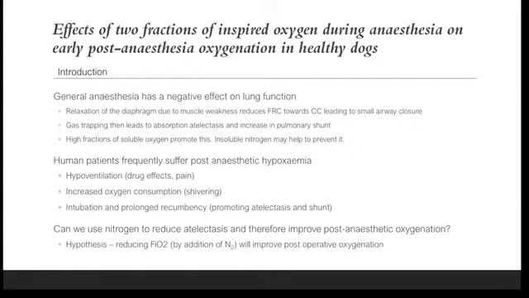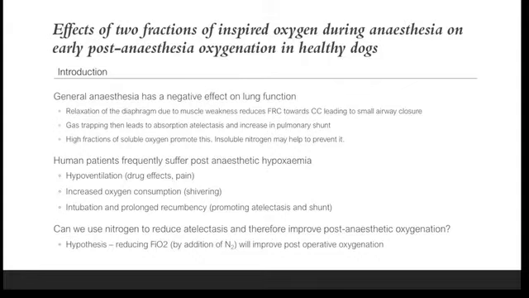It's also caused by an increase in oxygen consumption. Patients are often hypothermic post-operatively, and the shivering puts a massive increase in oxygen demand from the skeletal muscle. And finally, intubation and prolonged recumbency promotes this atelectasis and subsequent shunting of blood from the right side of the heart to the left without picking up oxygen.